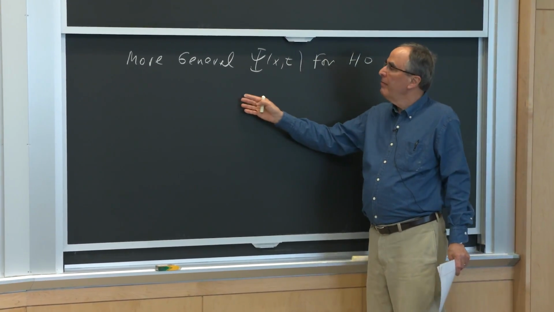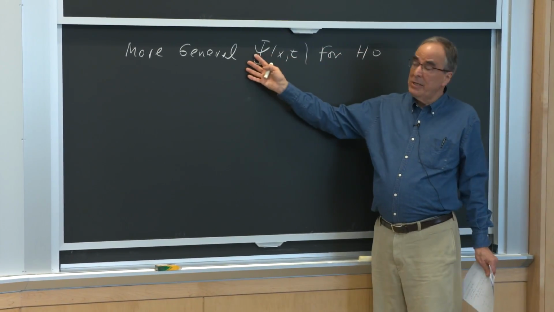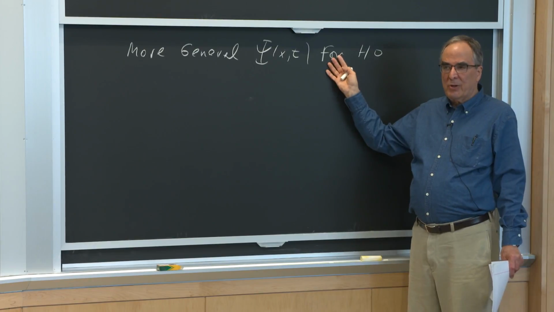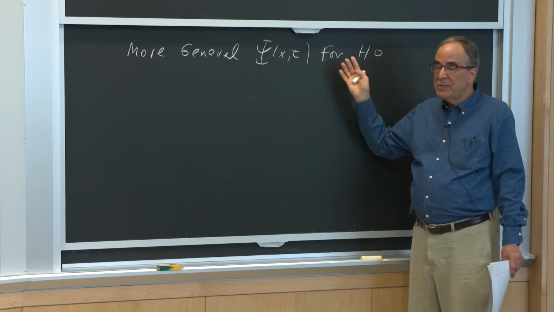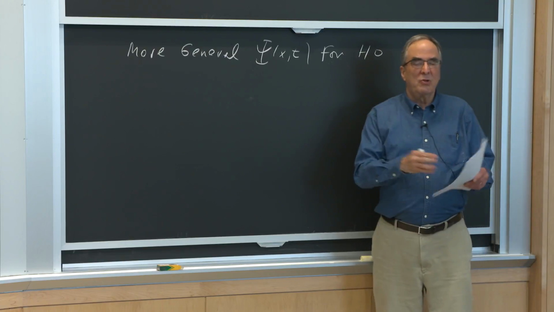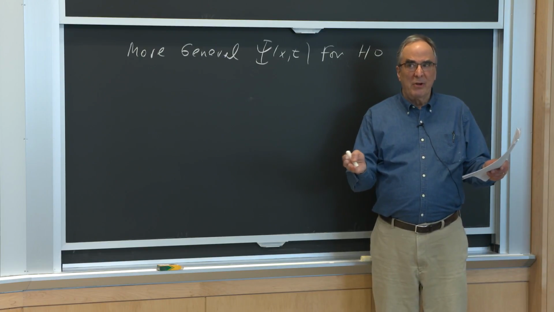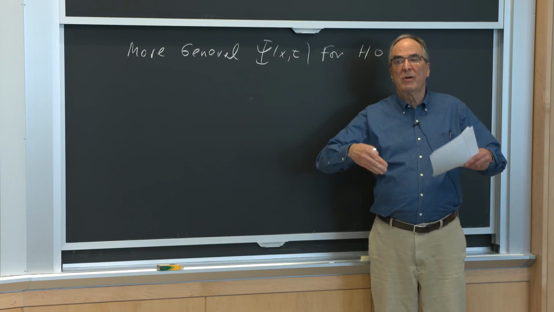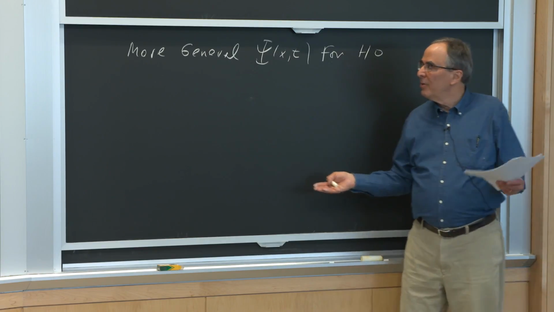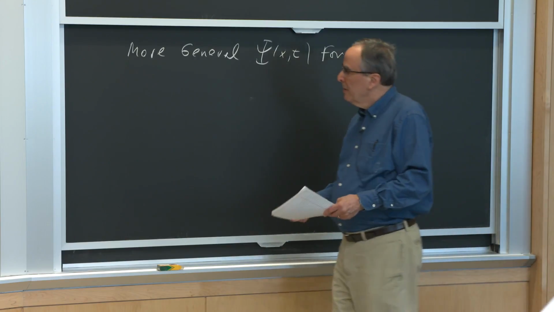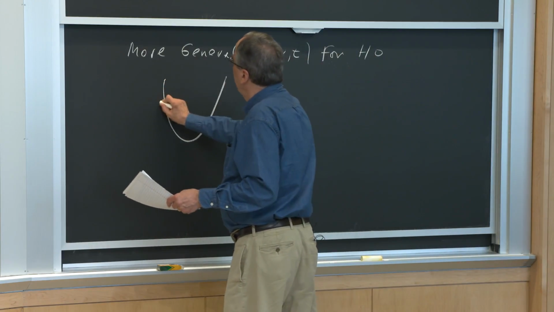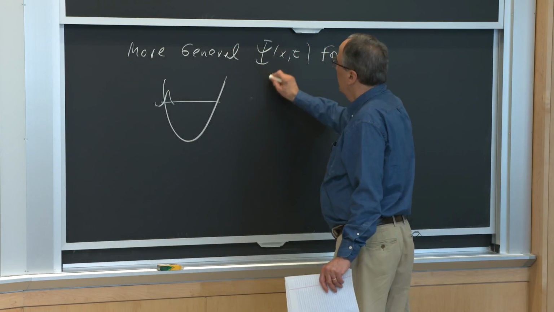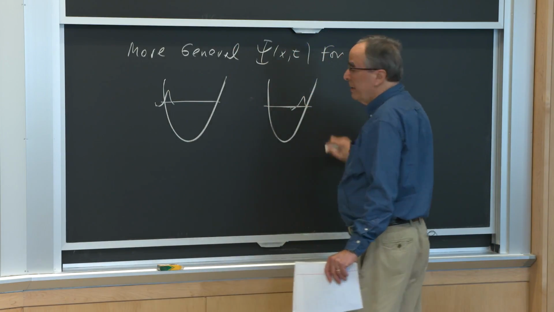Well, if we have an initial state which involves many eigenstates of the Hamiltonian, we still know that there's going to be some complicated behavior which is modulated by omega. So we have a cosine omega t, always. And so no matter what kind of wave function we make, if we start out at one turning point, it's going to go to the other turning point.